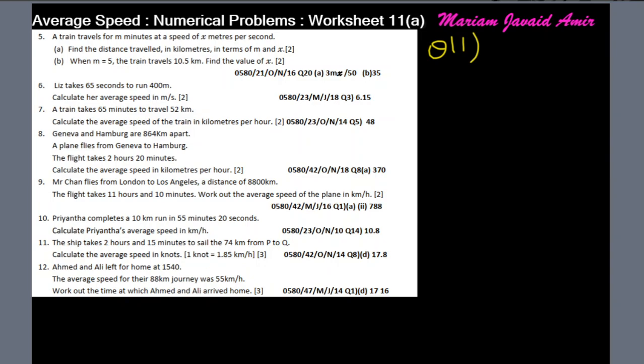So in kilometer per hour, this average speed will be total distance over total time. Now total time in hours will be 2 hours plus 15 by 60.